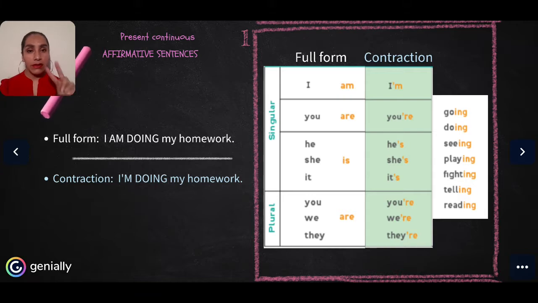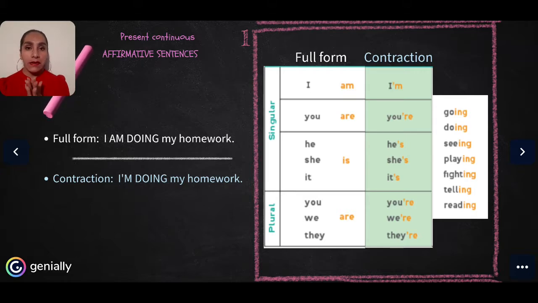So you have two examples. In the full form, I am doing my homework. Yo estoy haciendo mi tarea. In the contraction form we have I'm doing my homework. Yo estoy haciendo mi tarea. No hay cambio en el significado, simplemente hay un cambio para reducir elementos en la oración.